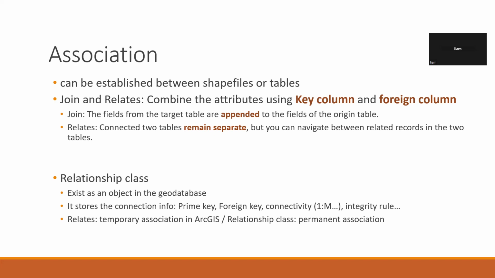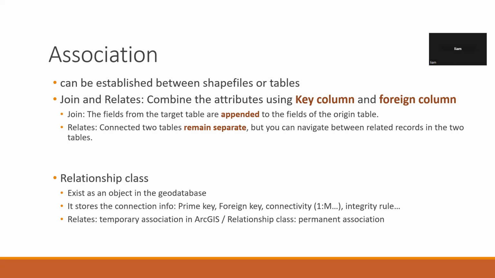I'm sure that you already know what a join is, because we already went over joins: left, right, outer and inner. And there's another concept which is relates. Both join and relates combine attributes, which are columns, using key columns and foreign columns.